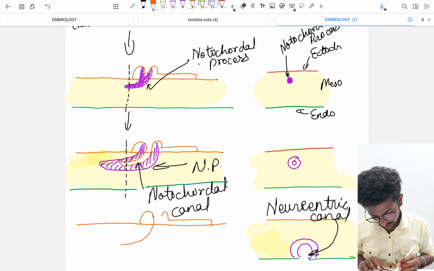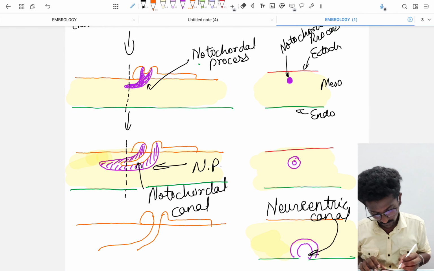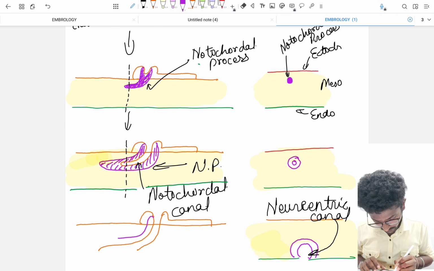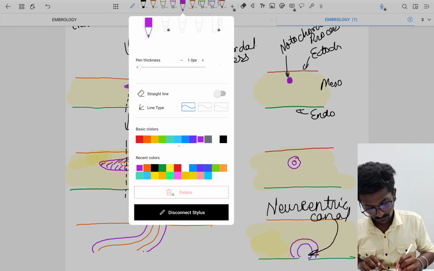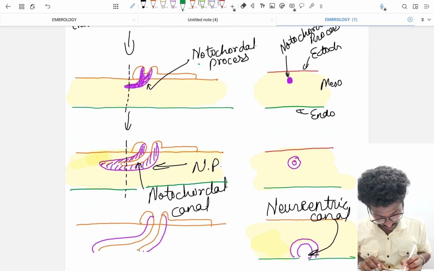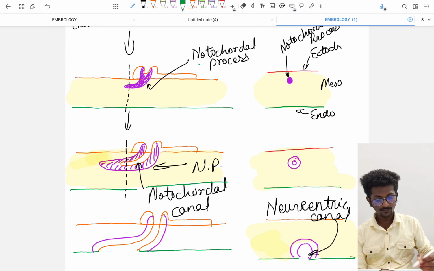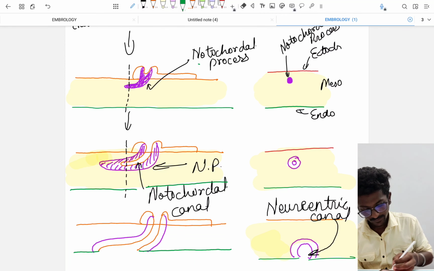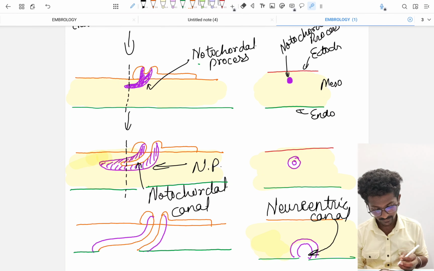It moved in this way. Now it had started moving downward. It had started moving a bit downward, and then this also fuses over here. I hope this is very clear, guys.